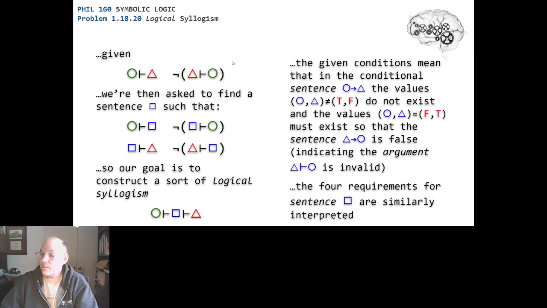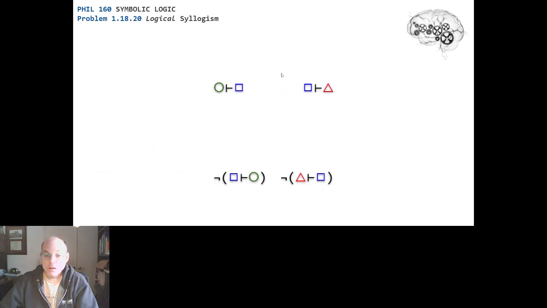And then for the four arguments, the four requirements that were given, we have similar interpretations. Here are the 4 tests that our square is required to meet.